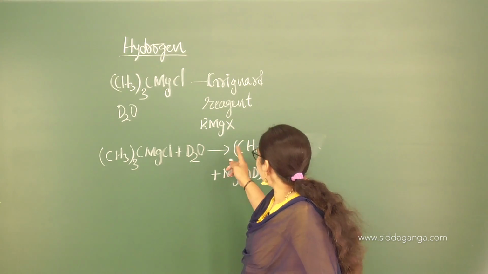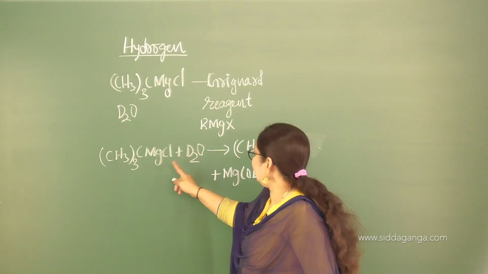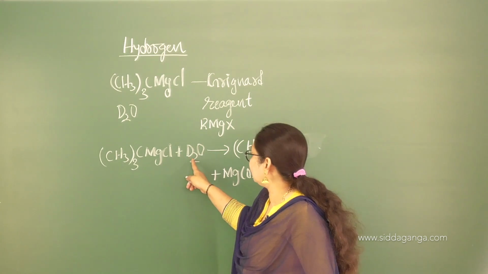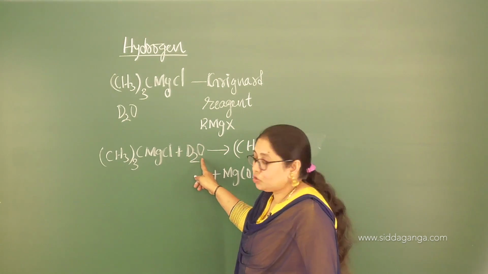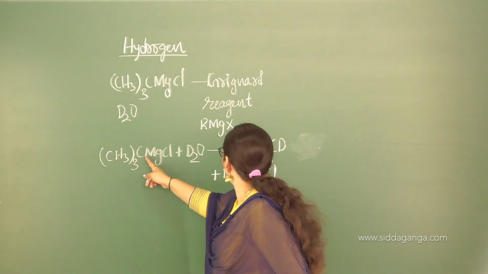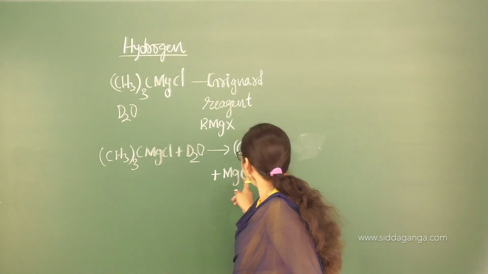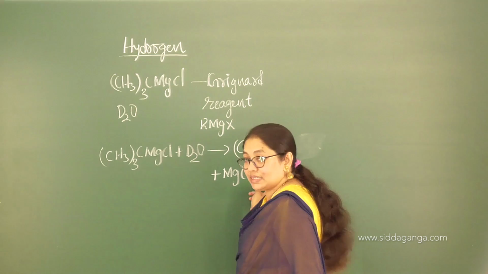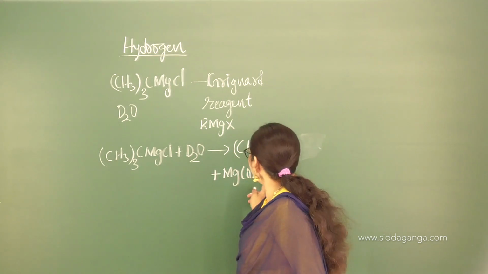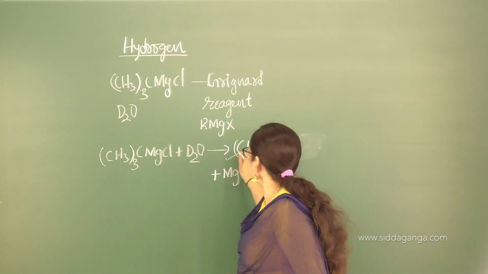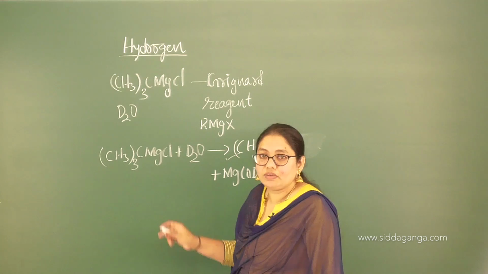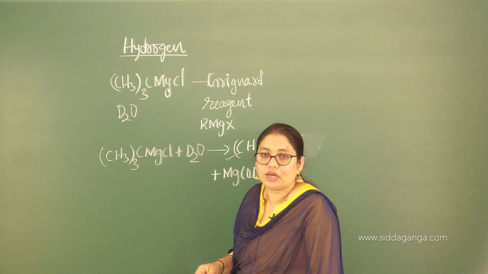There is a displacement or replacement in the hydrolysis with D2O. There is the addition of deuterium to this carbon, and the remainder will be MgOHX. Generally in this example it is MgODCl. You have to remember this one. This is common.